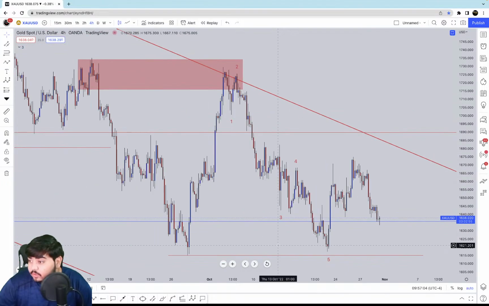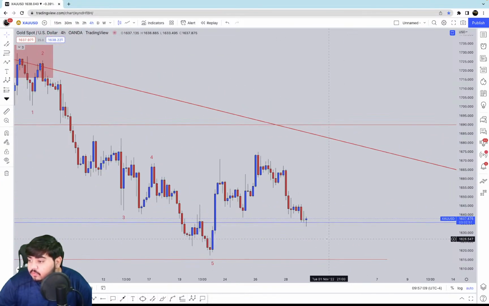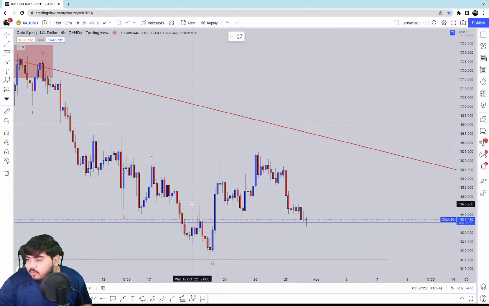That's one thing. Now, if we mark the structure here, in the very recent scenario, we can see that market created this high, a lower low, and then market created a higher high. So that means we have our bullish break of structure here. This should be blue.